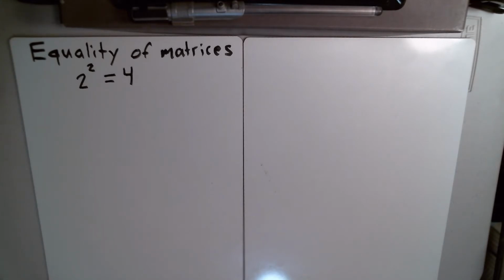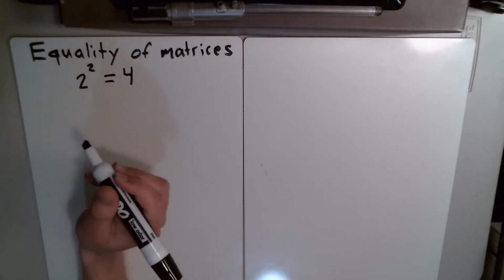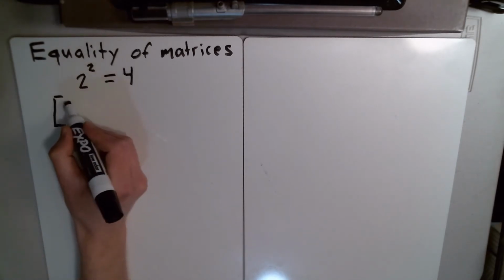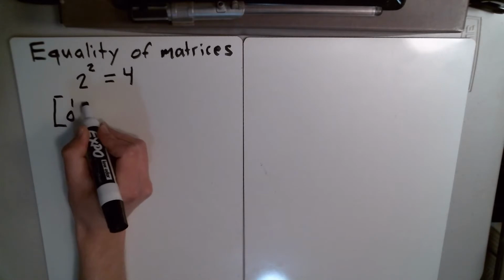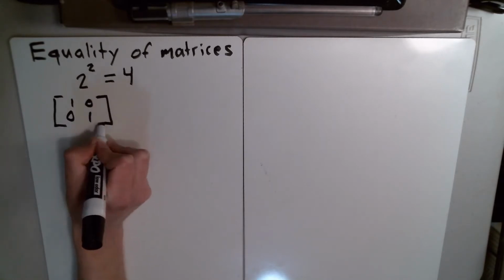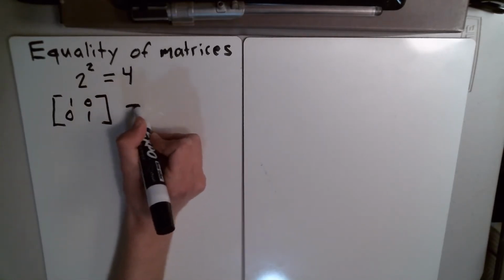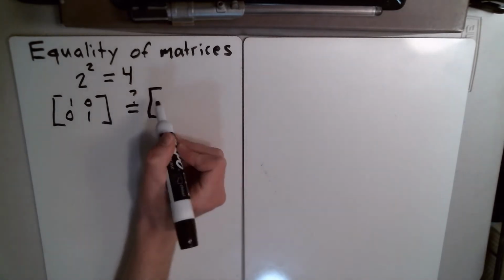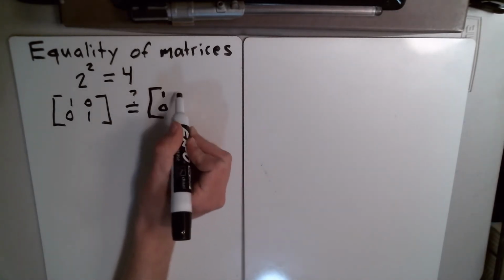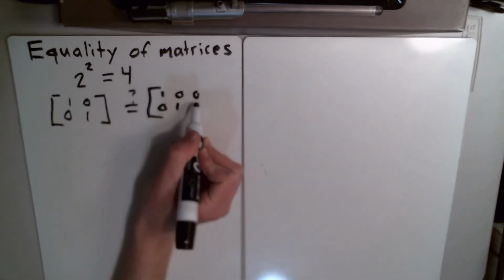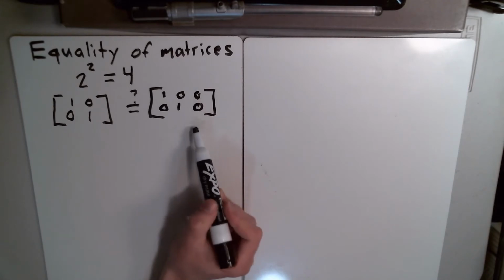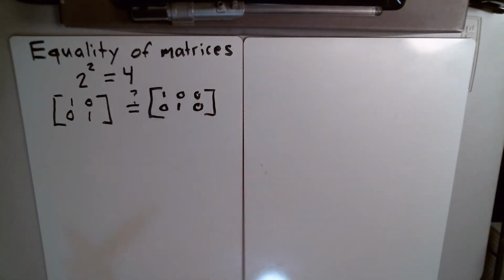To demonstrate what equality would mean for a matrix, let's look at this example. And then I'm wondering, should this be equal to a matrix like this, where everything is the same, it's just I have an extra column of zeros here?